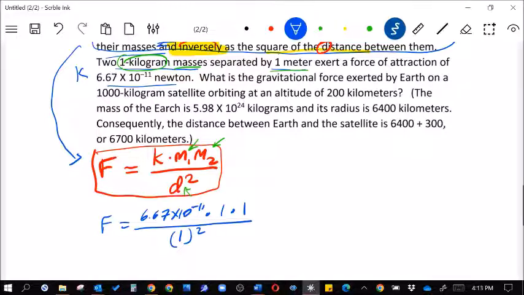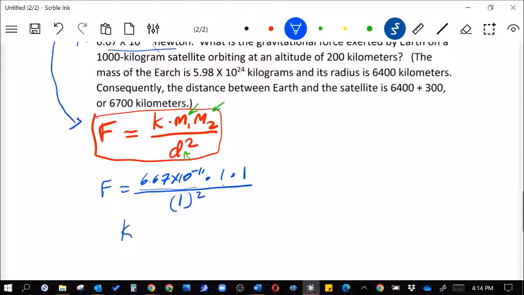Okay, so it's like kilograms times meters, except that it's going to be in newtons that we want for force. That's what kilograms over meters will give us. That's just 1. So 1 times 1 is 1, so the top is this number, and 1 squared is 1, so it's just that number over 1, which means the K is equal to just that number, 6.67 times 10 to the negative 11.